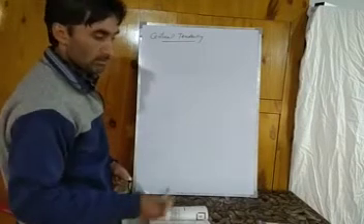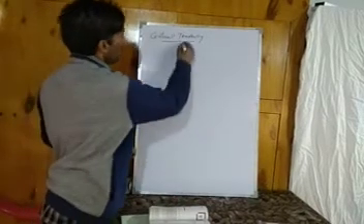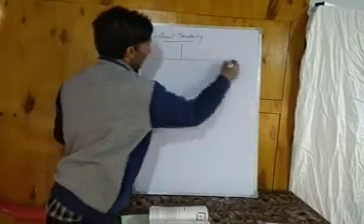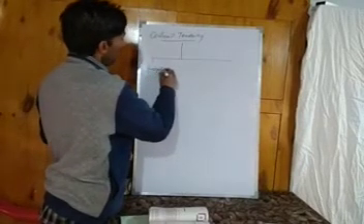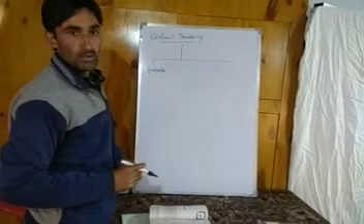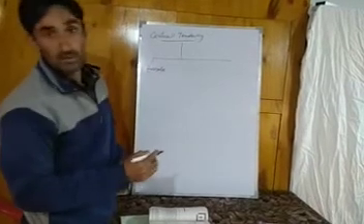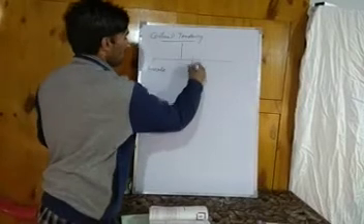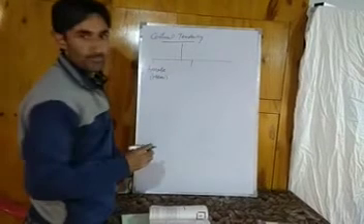The important and main methods to calculate the central tendency are, first, average. Average is one of the methods to calculate the central tendency or central value in the series. This average is also called mean.